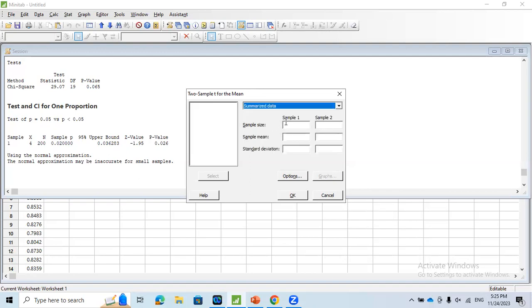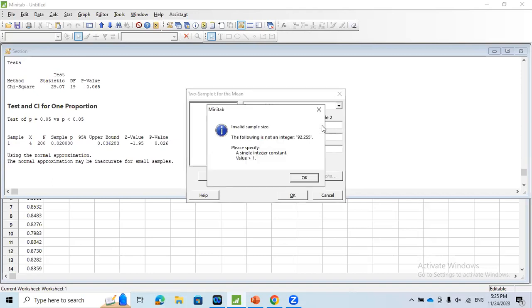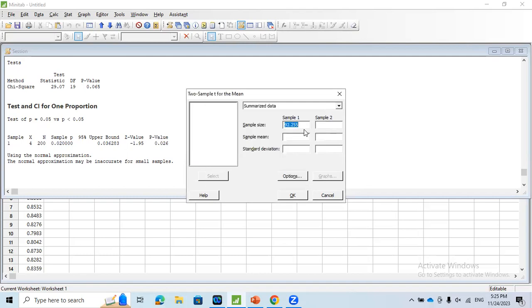For instance, I would like to summarize. If our sample size... sorry, this is about a sample size. Sample mean 92.255, 92.373.